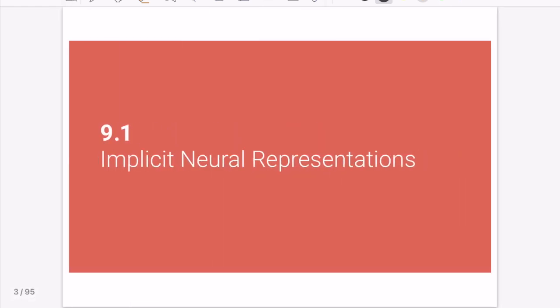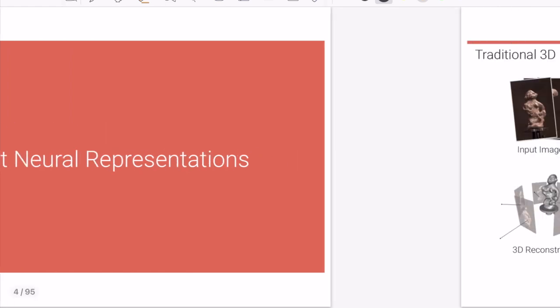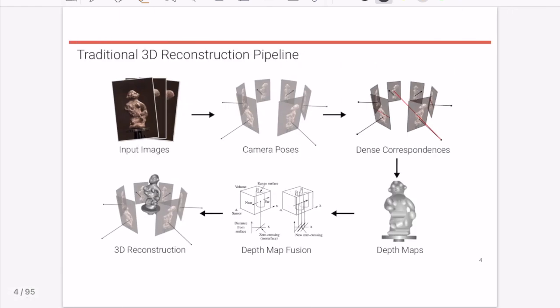Okay, so the first topic is the implicit neural representation. This is a traditional 3D reconstruction pipeline. We assume we have multiple images taken of the same scene. And in lecture 3, we discussed how to recover the camera parameters, consisting of the intrinsic parameters and extrinsic parameters, by using SfM, for example.